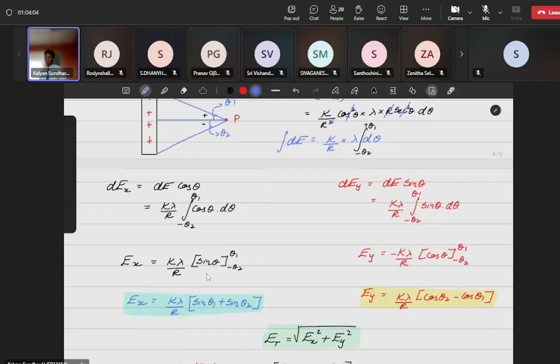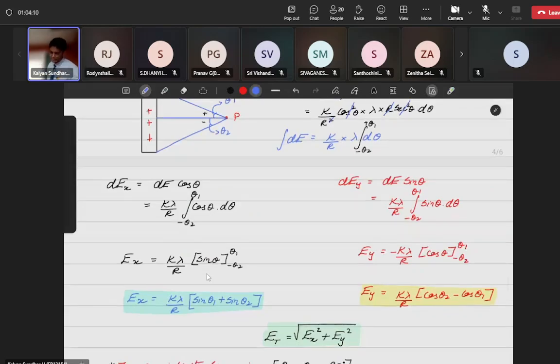இந்த side right side-ல cos theta, but இது out of this, x வேணுமா y வேணுமா in this ring part? So only the x part, right?